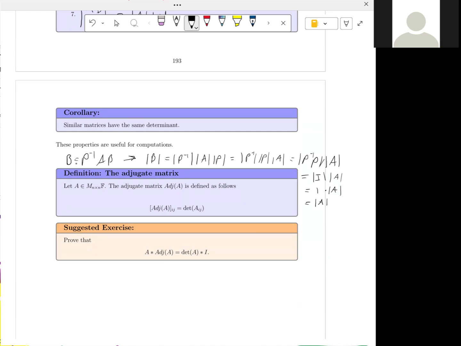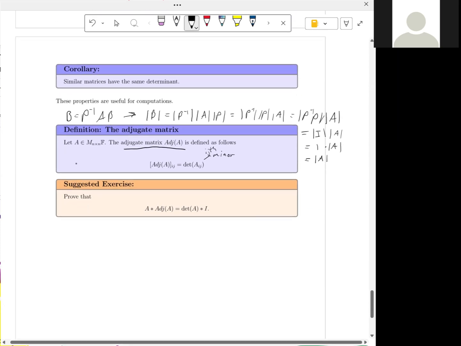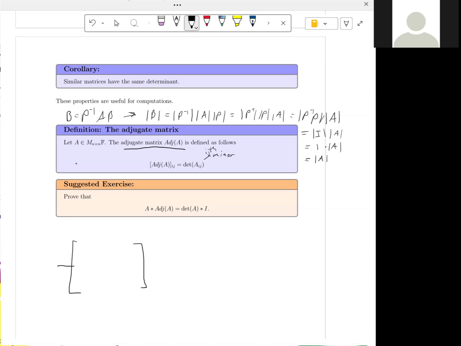The last thing that we do is we define the adjugate matrix of A. The ijth entry of the adjugate matrix is computed by taking the determinant of the ijth minor. To compute the ijth minor, if we take a matrix, we cancel out the ith row, and we cancel out the jth column.